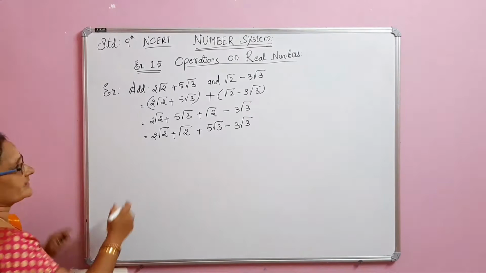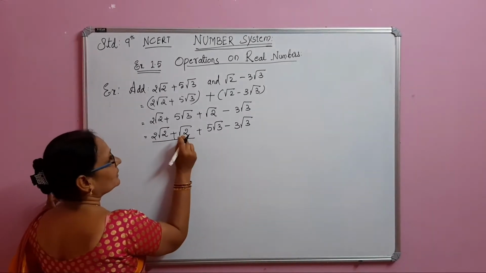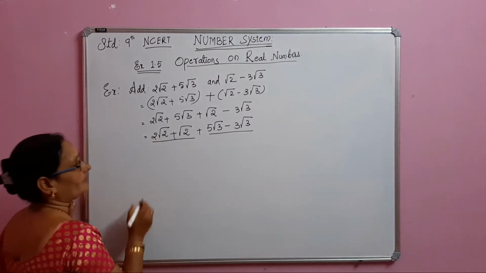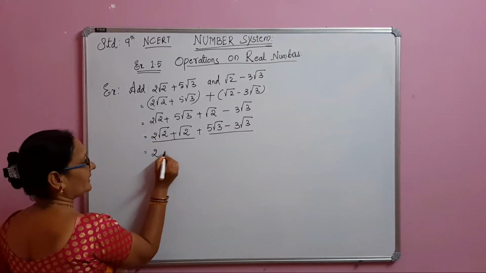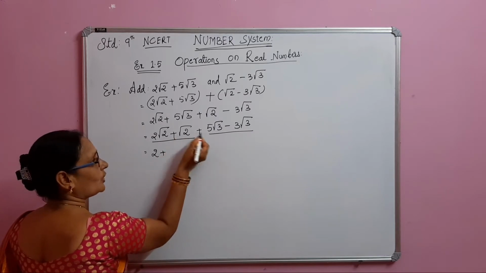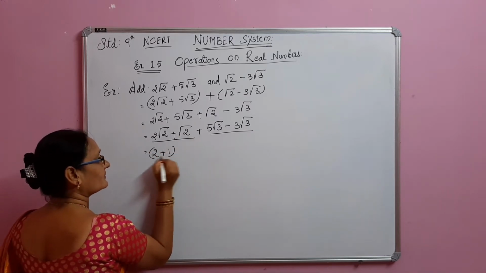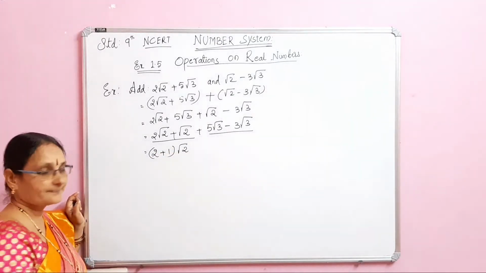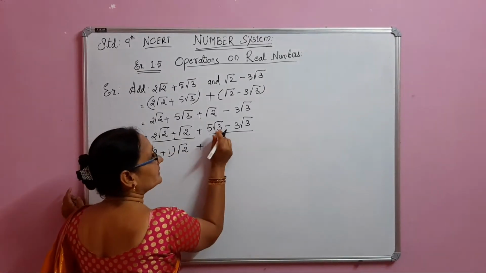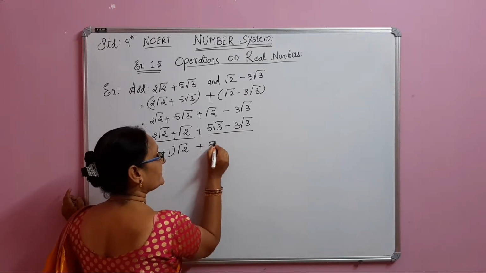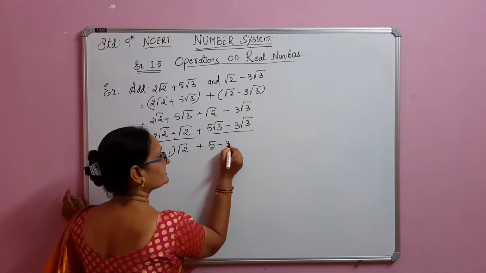Just observe here, root 2 is common, and here root 3 is common. So 2 into root 2, take root 2 common, and 1 remains here. Then here root 3 is common, so 5 remains, minus 3 remains.